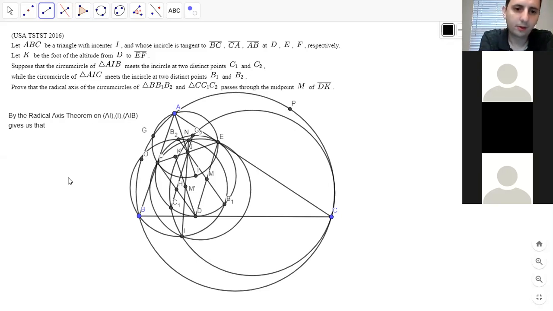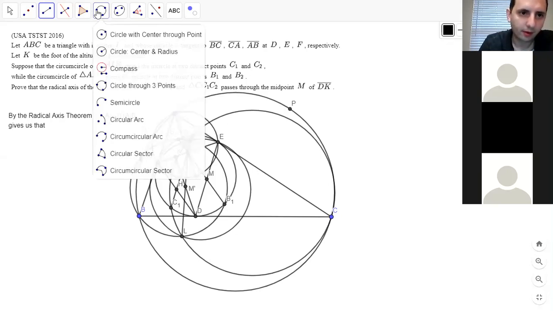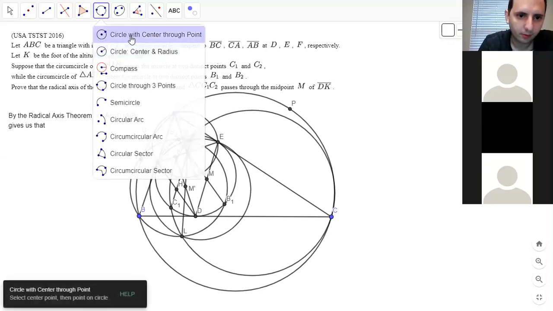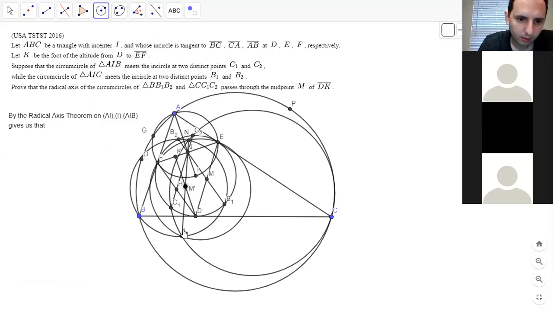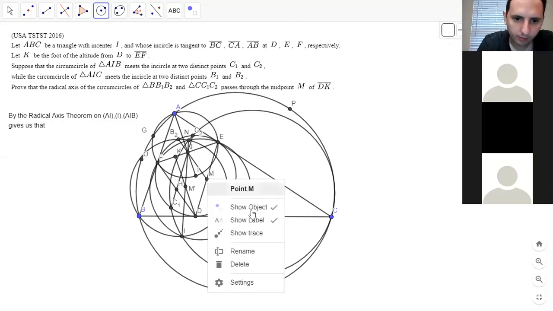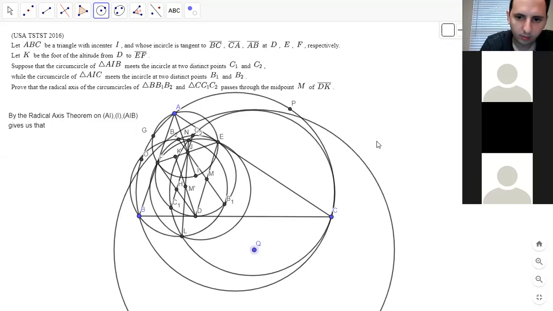Have we used, yeah, we want to use that DK is perpendicular to EF somewhere. Maybe L, yeah, because M is not the midpoint of LN. I think Hakan asked that earlier, right? Yeah. Let me, instead of M, rename this something else. J. I don't know. Whoops.